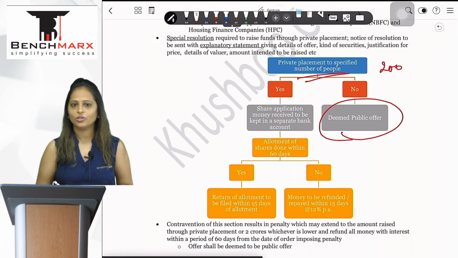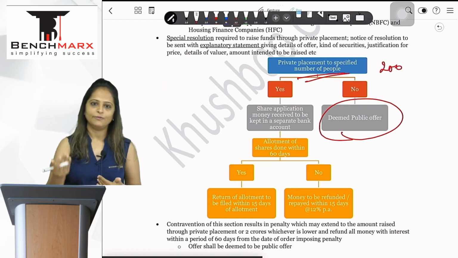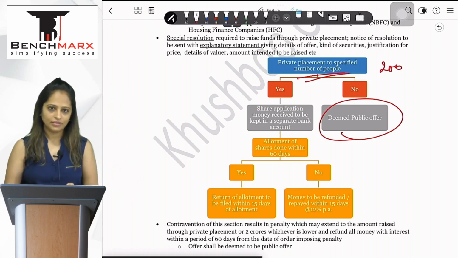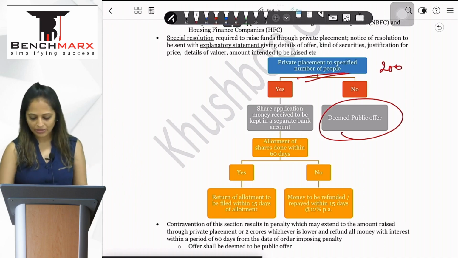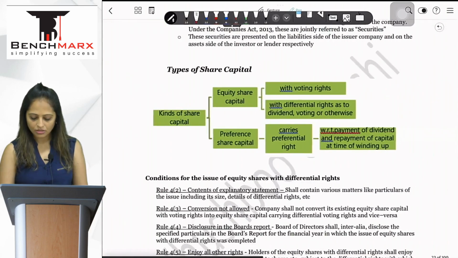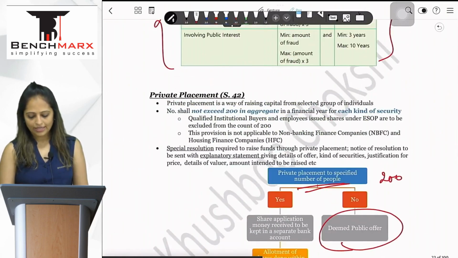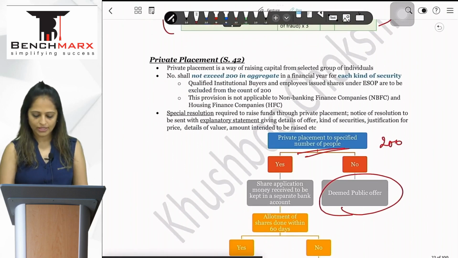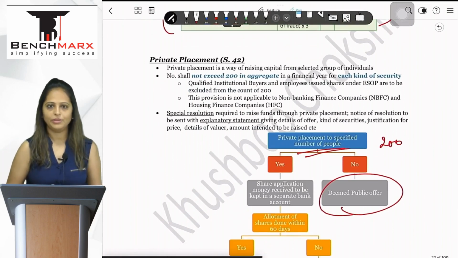If you do not allot within 60 days, then you will have to refund the amount. If you do not refund, then it will be considered a deposit, and you will have to pay interest at the rate of 12% per annum. And of course there is a penalty for non-compliance. If there is any non-compliance, then you will have to pay a penalty.